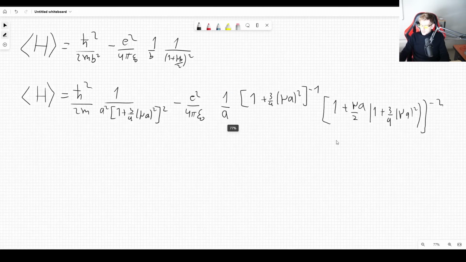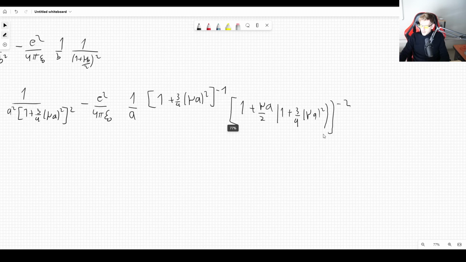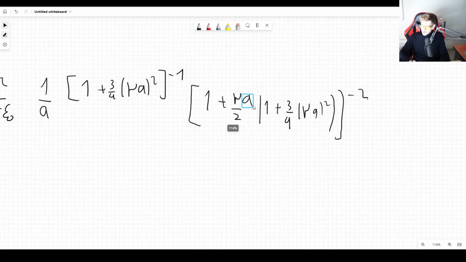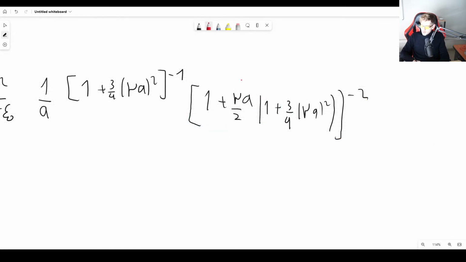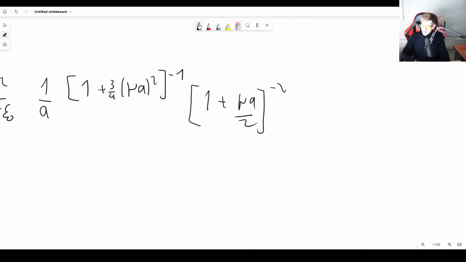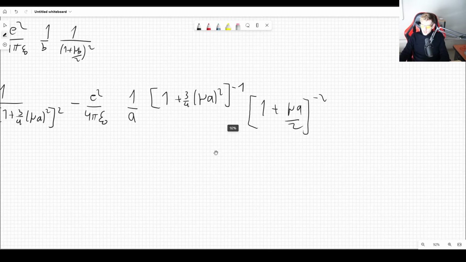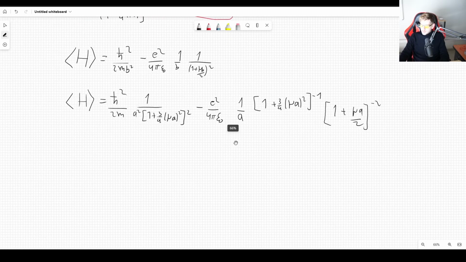But notice that once we multiply here, we're going to get the following. We get mu a over 2, but then we get mu a cubed. So this thing, actually, we can simply write as 1 plus mu a over 2, because the next term was going to be of higher order, of mu a cubed, which is so small, it makes literally no difference.